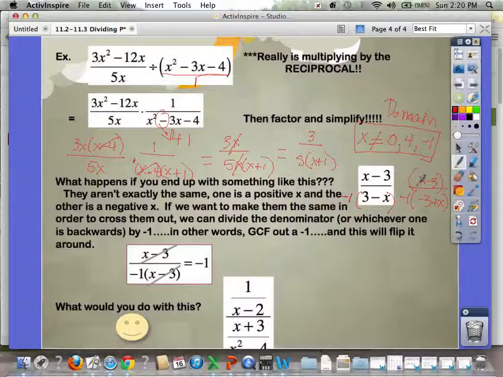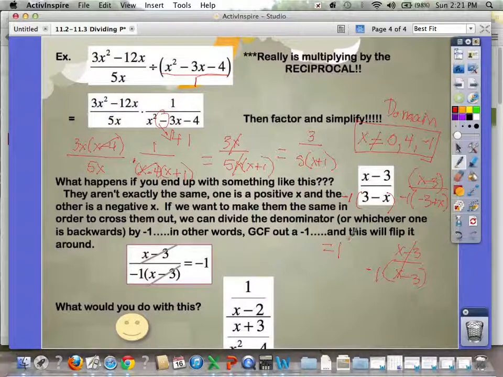Now, because we have the symmetric property and it says you can switch things around without changing the signs, we can turn this around now and make it x minus 3 over x minus 3 with a negative 1 in front of that. Now they cancel, so my answer is just going to be negative 1.